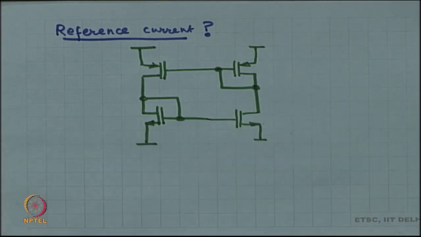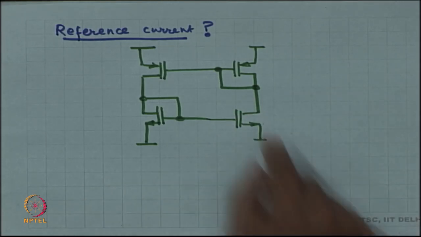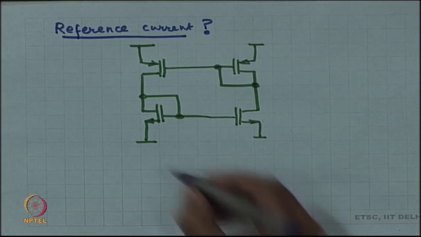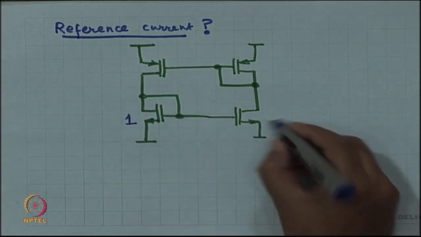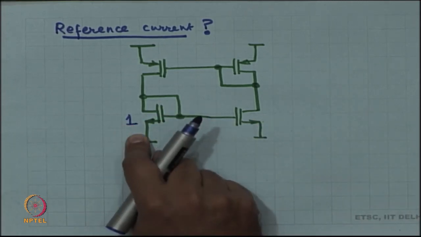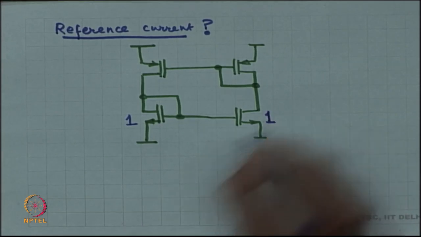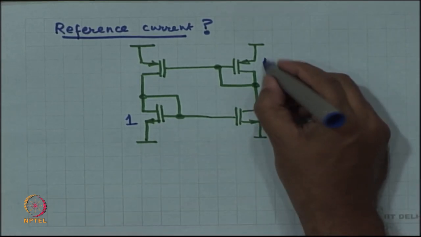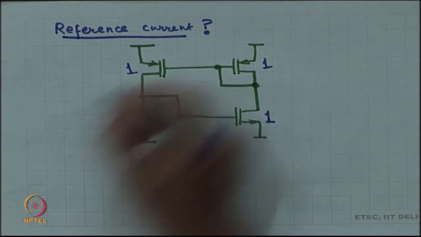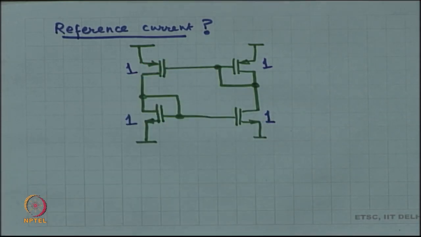So, this is just a general discussion, these are not real circuits. Suppose I make a current mirror that looks like this, W by L ratio is 1, W by L ratio is 1 and W by L ratio is 1 and 1. What do you think is going to happen? You have got a current mirror.